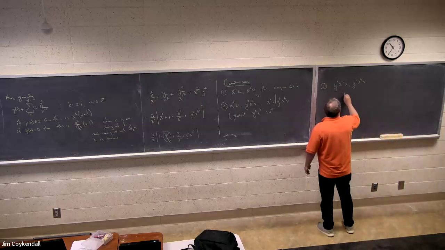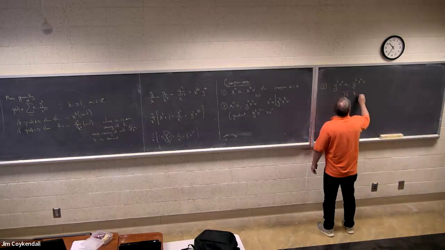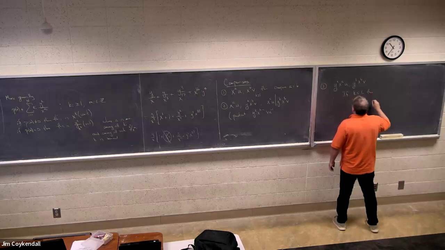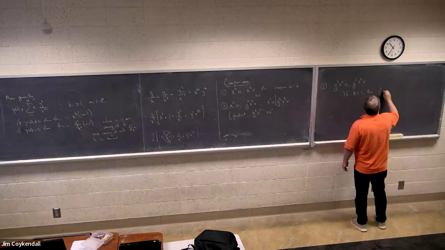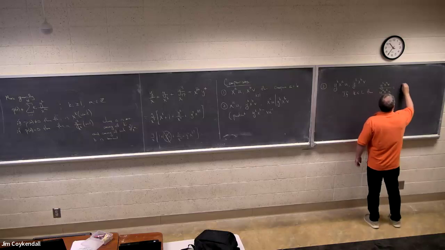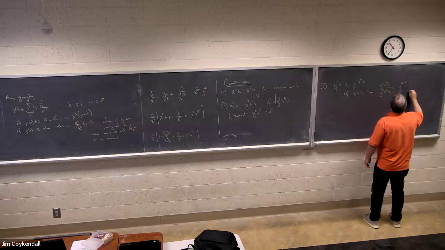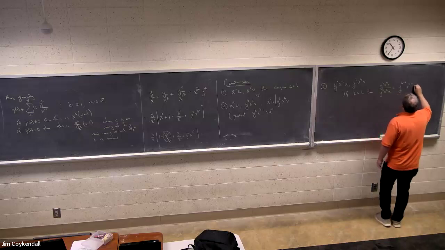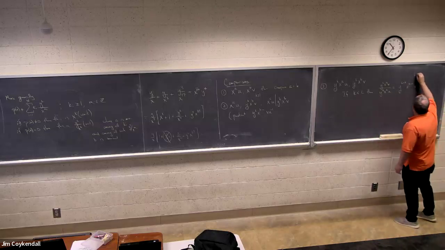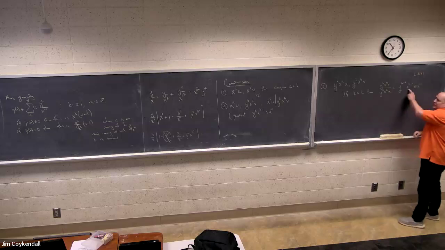So if K is less than L, then Y to the L, X to the V over Y to the K, X to the A, U is Y to the L minus K, X to the V minus A, VU inverse, which is in R, because L minus K is greater than or equal to 1, so this can be any power.